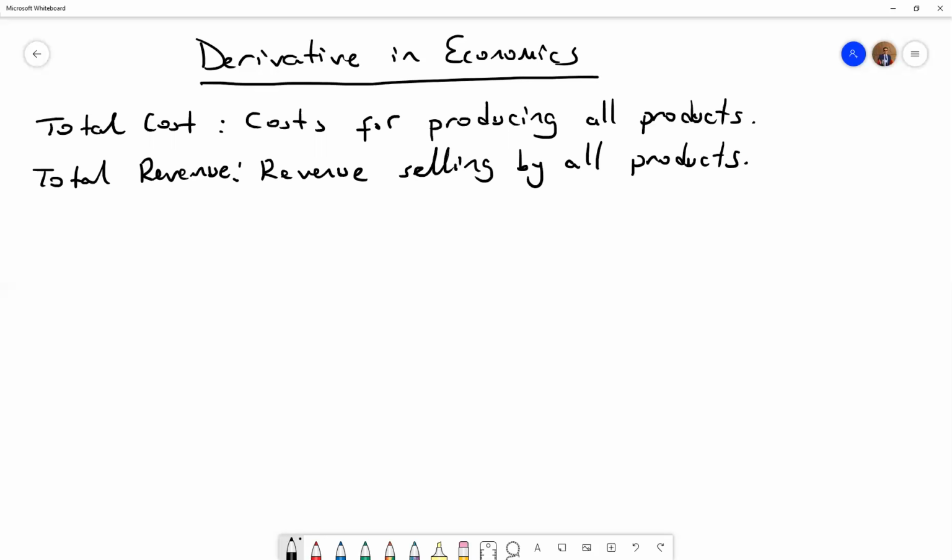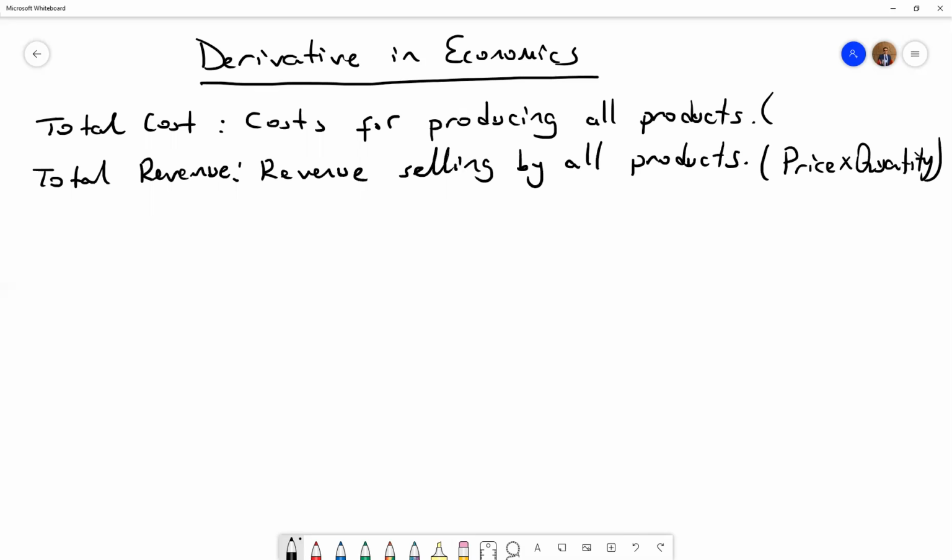So first producing the products and selling the produced products, we can find the total revenue. And for the total revenue, we can find that total revenue is price multiplied by quantity. Quantity is not important for you, but you can know this one.